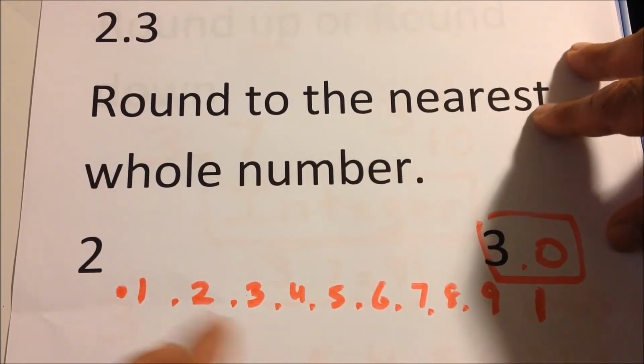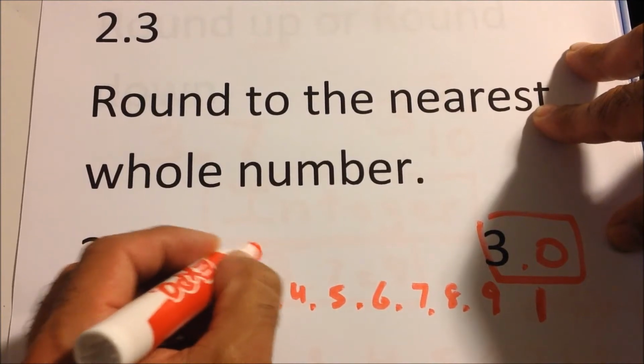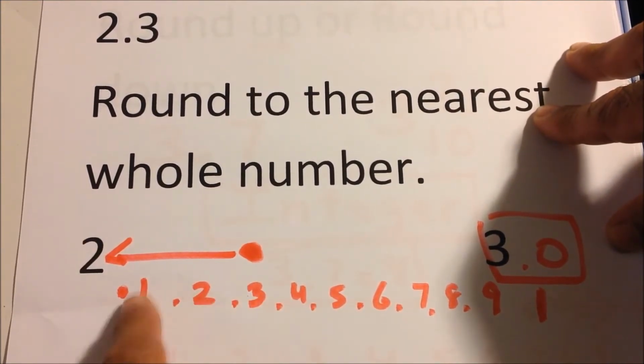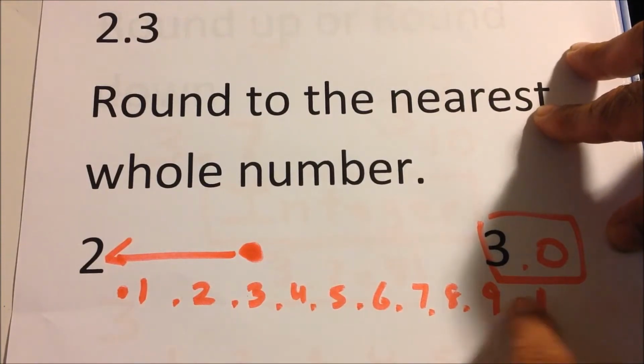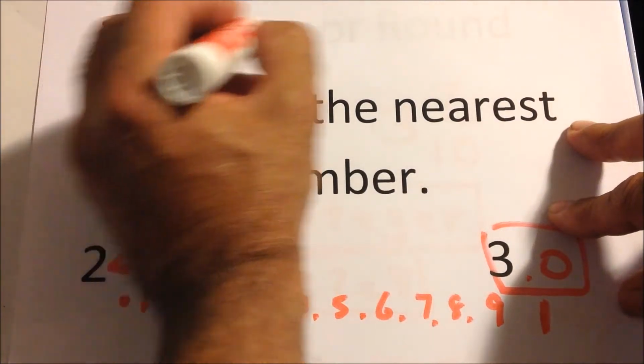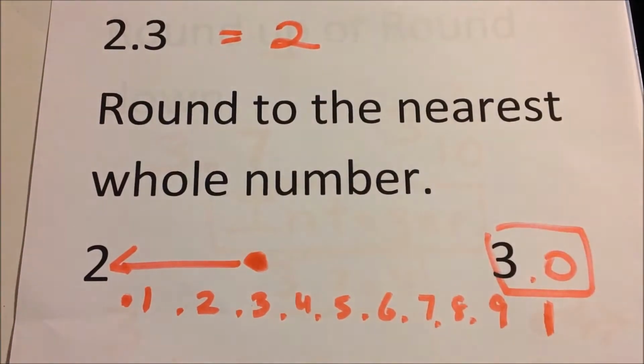So where's 2.3? Right there, and it's much closer to 2. It's only 1, 2, 3 away from 2. It's 7 away from 3. So here you would round down. 2.3 would be 2 to the nearest whole number.